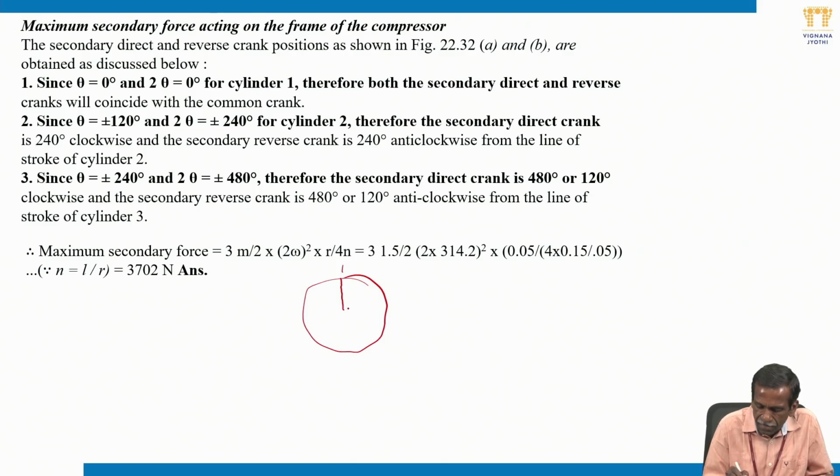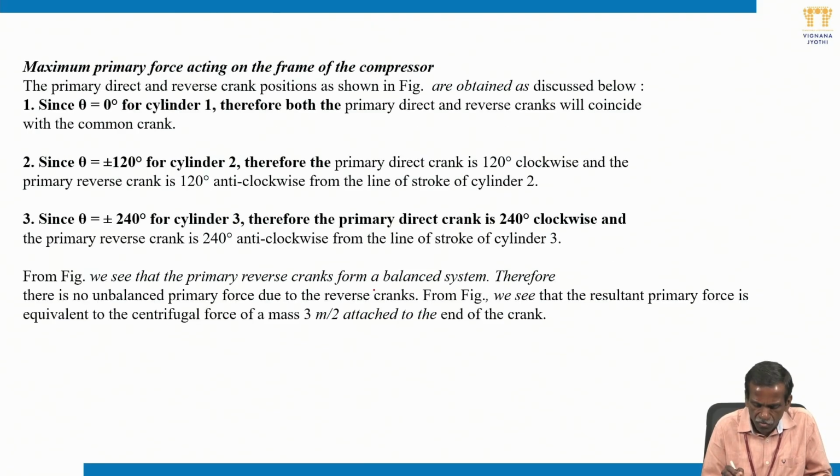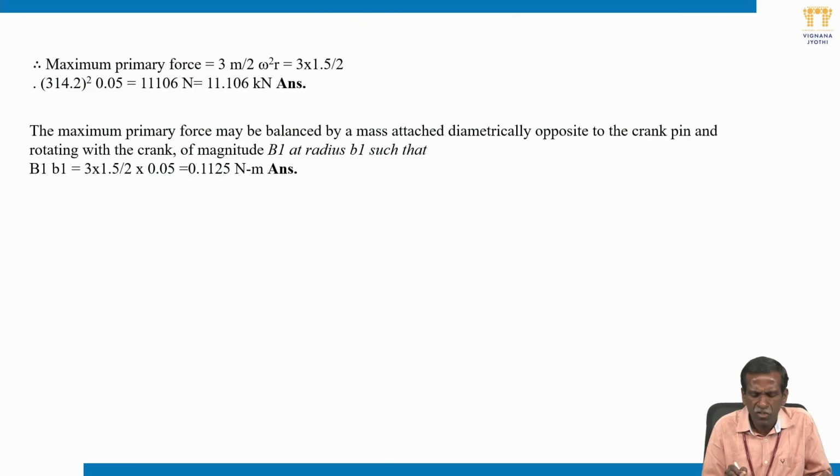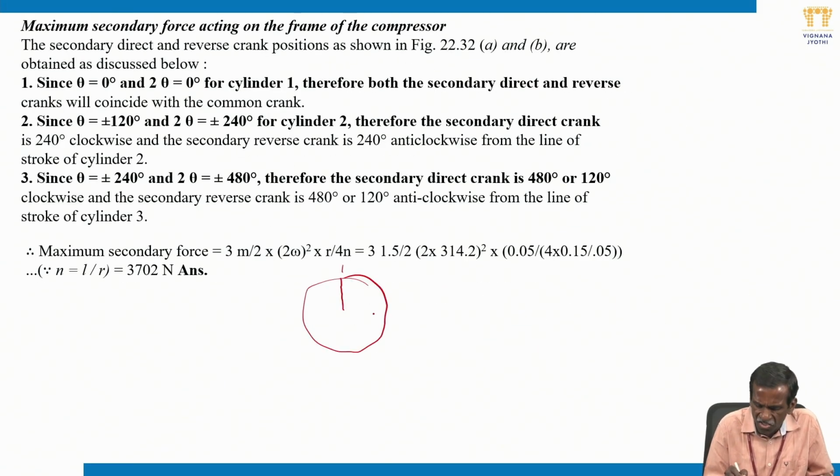Clockwise 240 means it becomes this; I will show you the initial position. It will come here. Are you able to understand? 120 clockwise is positive, the direct crank. So the second is in this position.